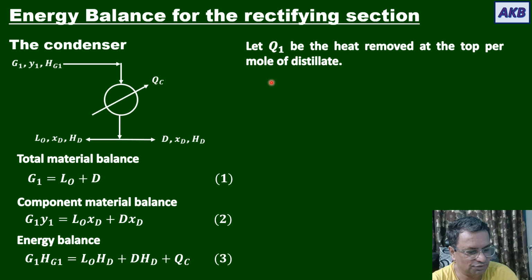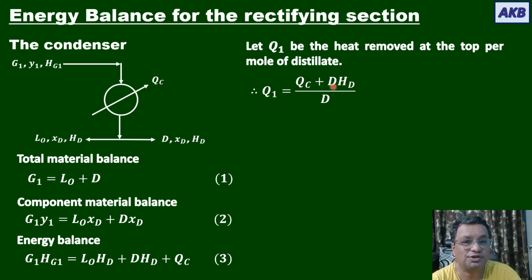If you have to express it mathematically, Q1 is equal to QC plus D HD. QC plus D HD represents the total heat removed at the top, and we are considering it per mole of the distillate. So simply Q1 equals (QC plus D HD) upon D. If I rearrange it, Q1 into D is equal to QC plus D into HD.